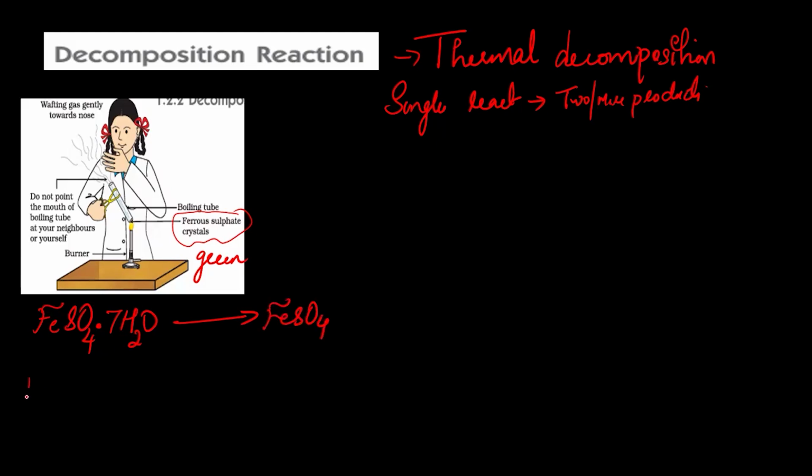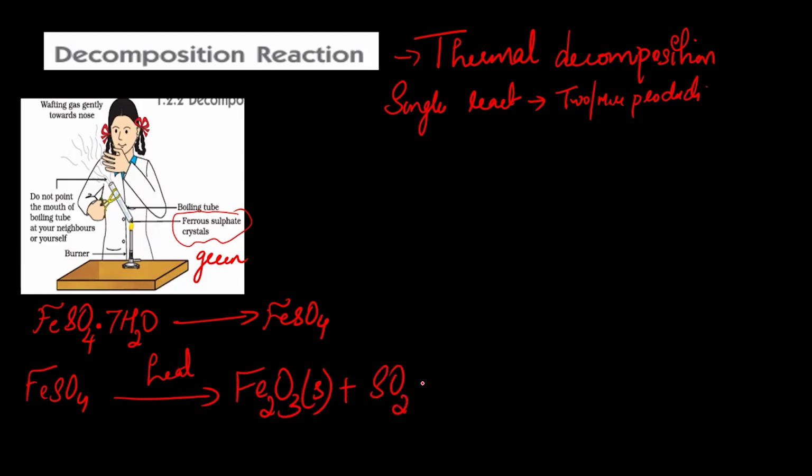And this FeSO4, when we are heating, will be converted to Fe2O3, that is a solid, along with the evolution of SO2 and SO3 gases. This is the reaction you have to study. FeSO4 is ferrous sulfate, and Fe2O3 is ferric oxide.